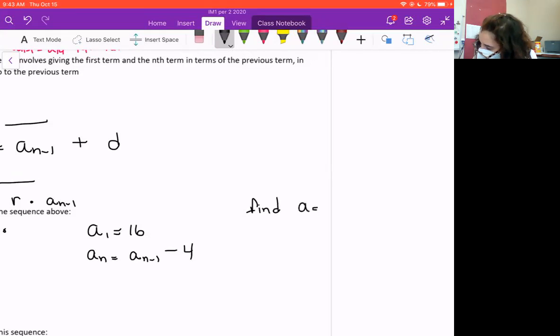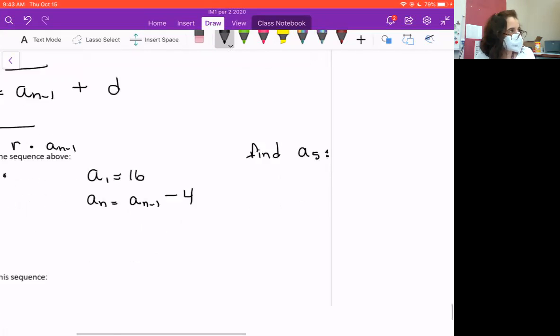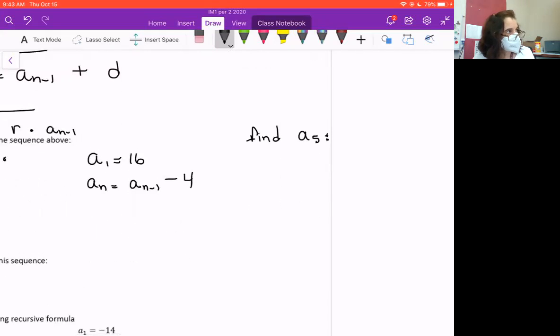So if I asked you now to find A sub 5, so if I said, hey, use this formula here to find A sub 5, it means I'm going to put a 5 right here. So I'm going to say A sub 5 equals n minus 1, 5 minus 1 is 4. So that equals A sub 4, take away 4.